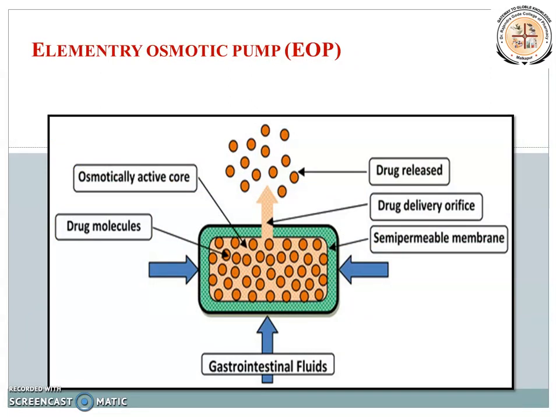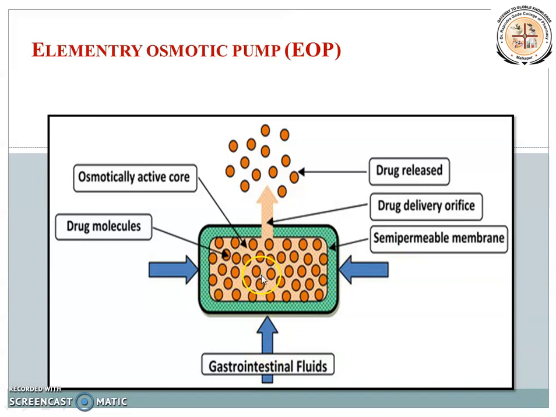In this type of osmotic pressure controlled release drug delivery system, the drug along with the polymer and the osmotic agents are enclosed in a semi-permeable membrane, and at the top side there is a drilled orifice for the release of the drug from the system. When this system comes in contact with any fluid, the fluid enters through the semi-permeable membrane.